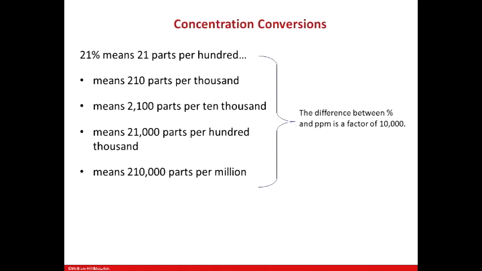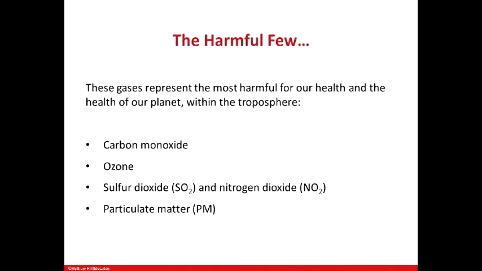I expect you to know how to get to parts per million. The difference between percent and parts per million is a factor of 10,000. So essentially, if you know the percentage, you multiply it times 10,000 and you get parts per million. I will expect you to know how to do that conversion. So percentages, to get to parts per million, we multiply times 10,000. And I expect you to be able to do that conversion in any direction.